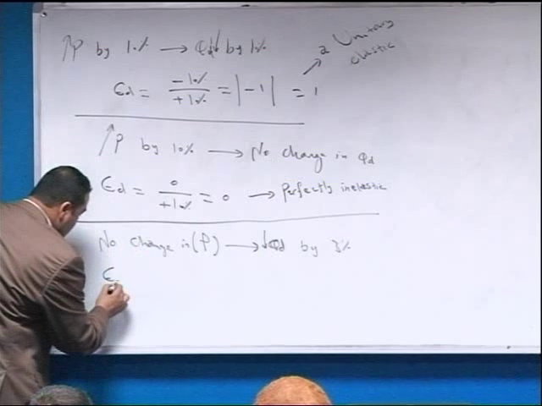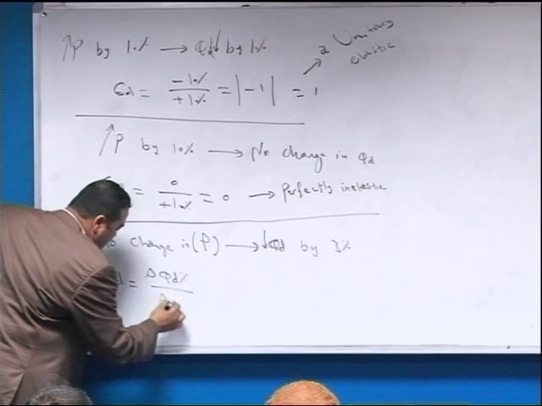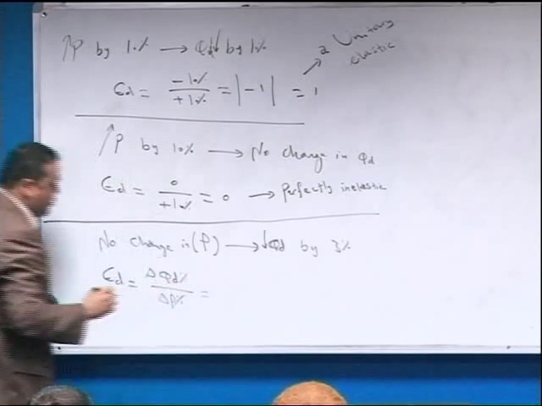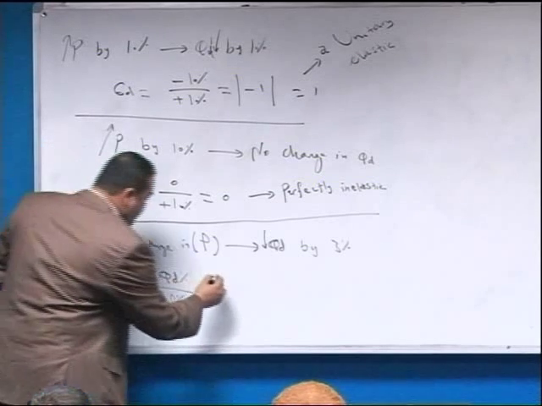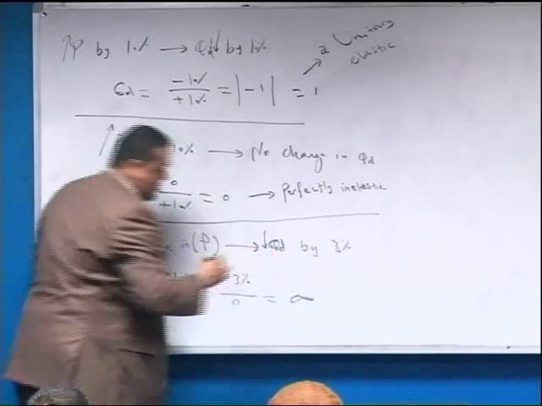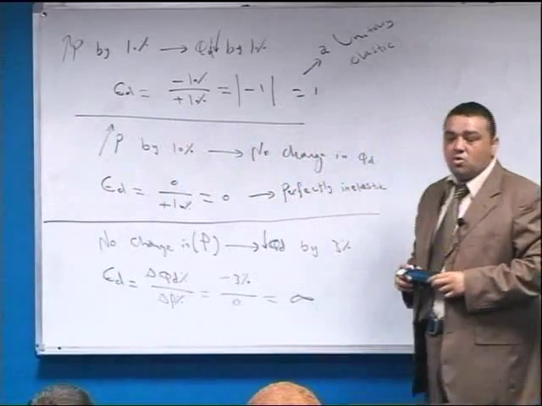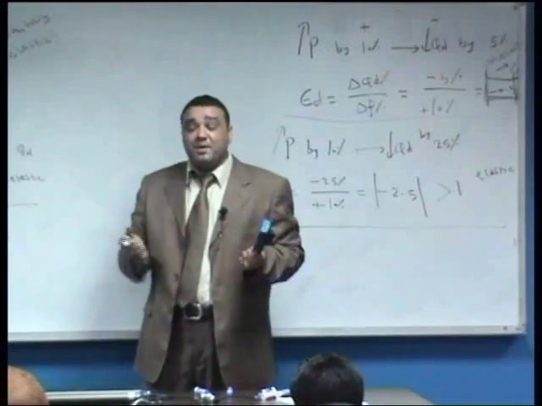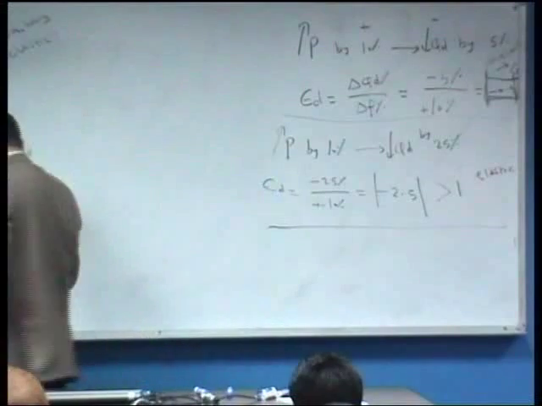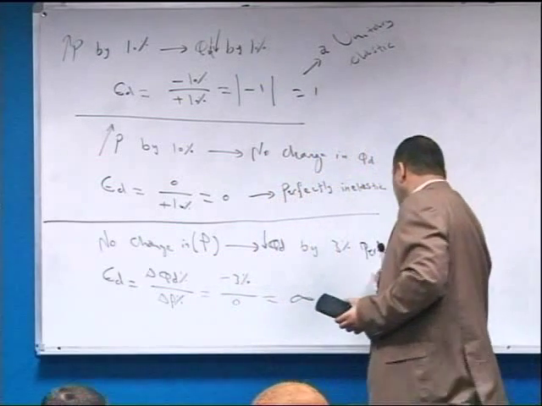So ED equals delta QD percent over delta P percent, which equals minus 3 over 0. It would be infinity. Infinity means ما لا نهاية. So it's called perfectly elastic.